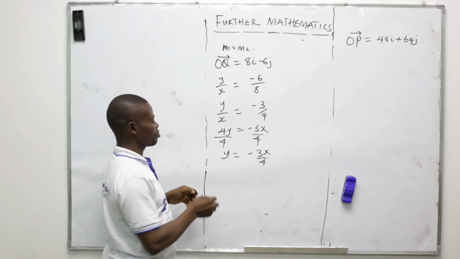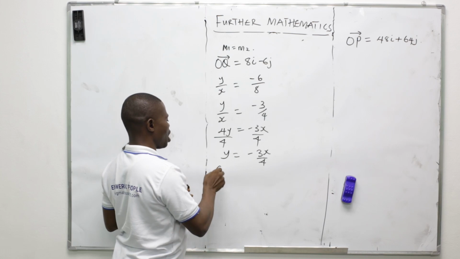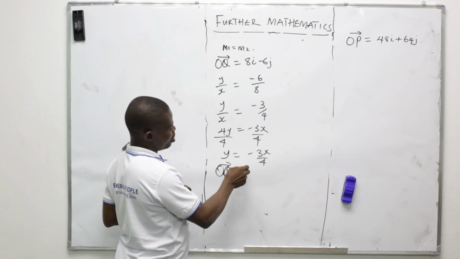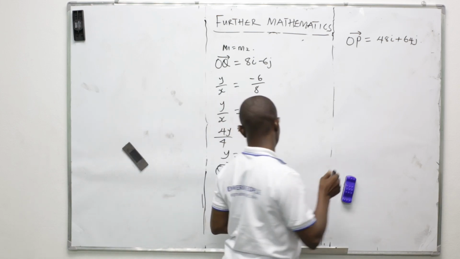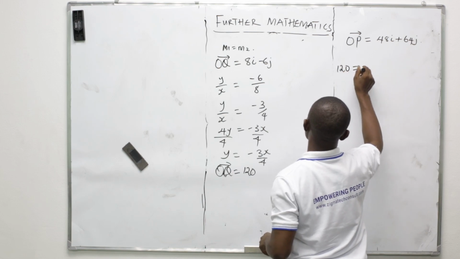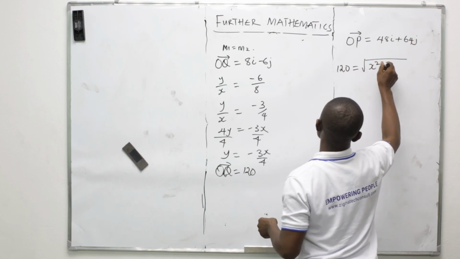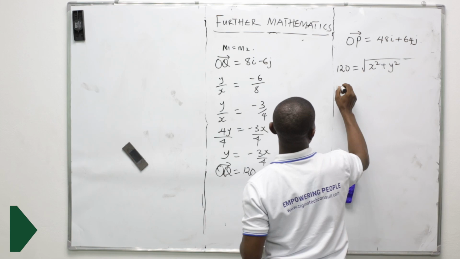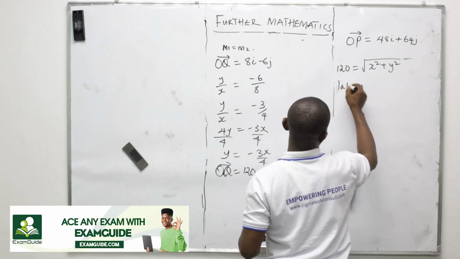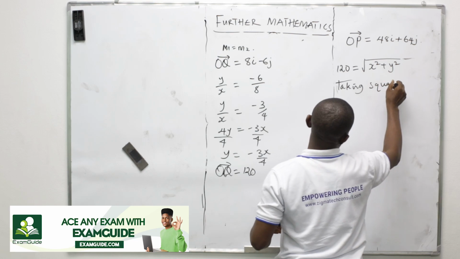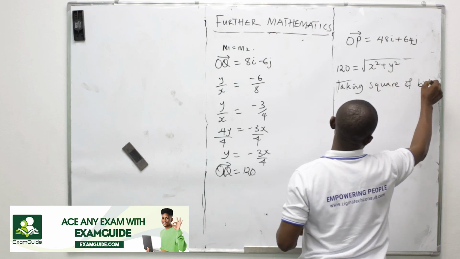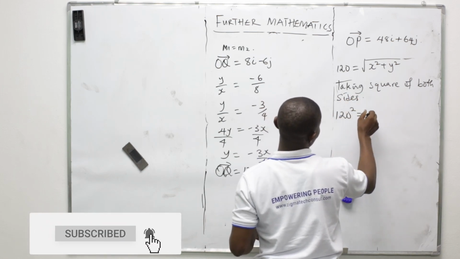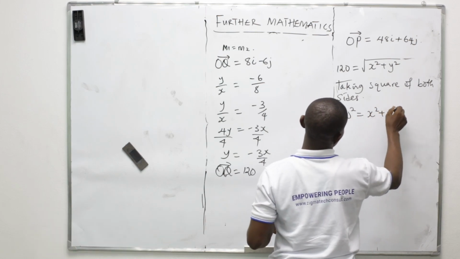Now when we have this, go to the magnitude of QR, which was 120. So we have to say that 120 equals root of x squared plus y squared. That is taking square of both sides. We have that 120 squared equals x squared plus y squared.